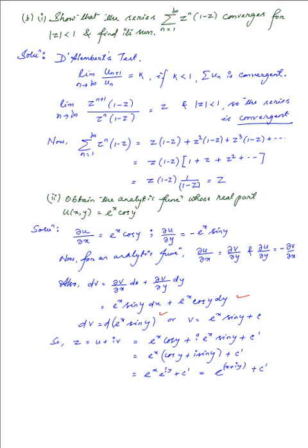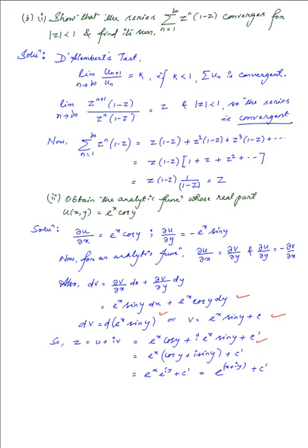So integrating that, we'll be getting this. Now this is a constant term c, the arbitrary constant that we obtain out of integration, and z, the analytic function that we wish to obtain, is u plus iv. So u plus iv is the form, and v has the term c, which I take as c primed over there.